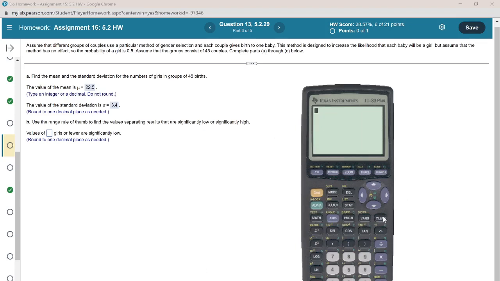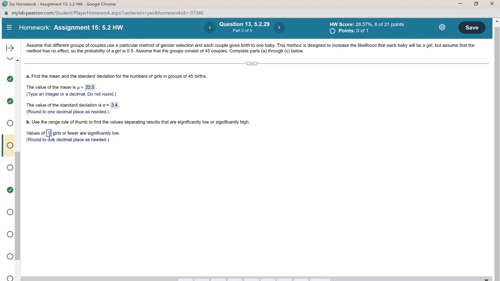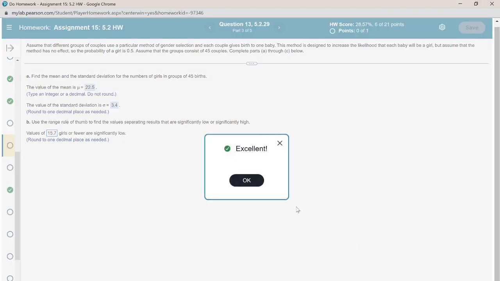Mu is 22.5, minus 2 times the standard deviation, 3.4. So anything less than this value is significantly low. That means values of 15.7 girls or fewer are significantly low.